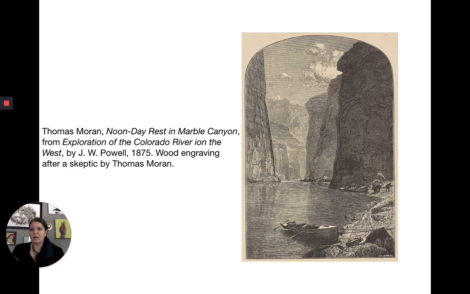Here in Thomas Moran's wood engraving, the dark values that are more crisp are in the foreground, closer toward us, and then they gradually fade as we proceed backwards into the spatial picture plane until the cliffs in the background become gray and indistinct. This effect in landscape painting is called atmospheric perspective.